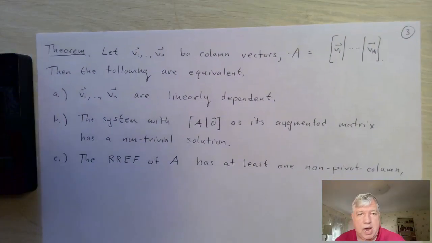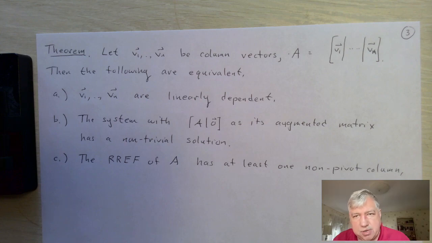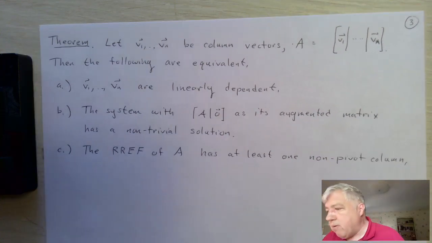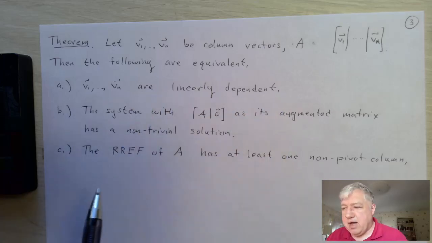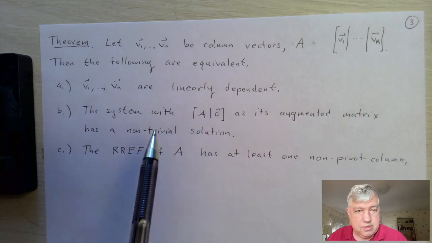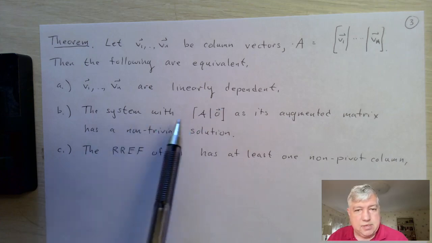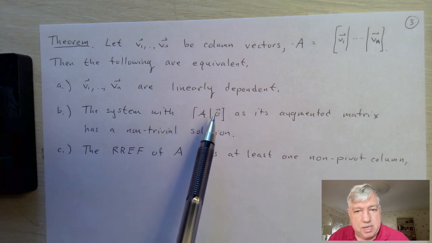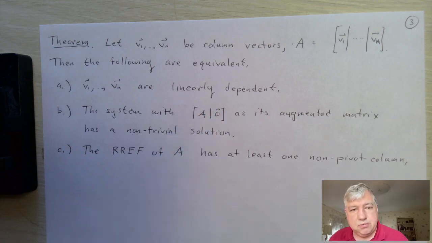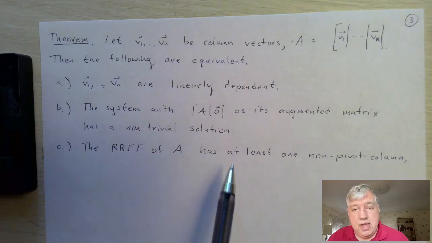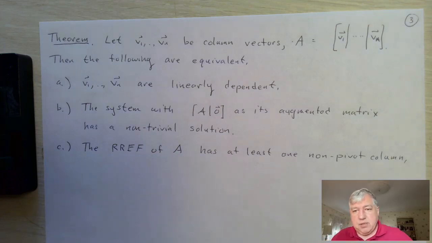If we do this by column vectors, we set them up and form a matrix A. We say these vectors are linearly dependent if and only if the system of linear equations given by this augmented matrix has a non-trivial solution. And that happens if and only if the reduced row echelon form of A has at least one non-pivot column.